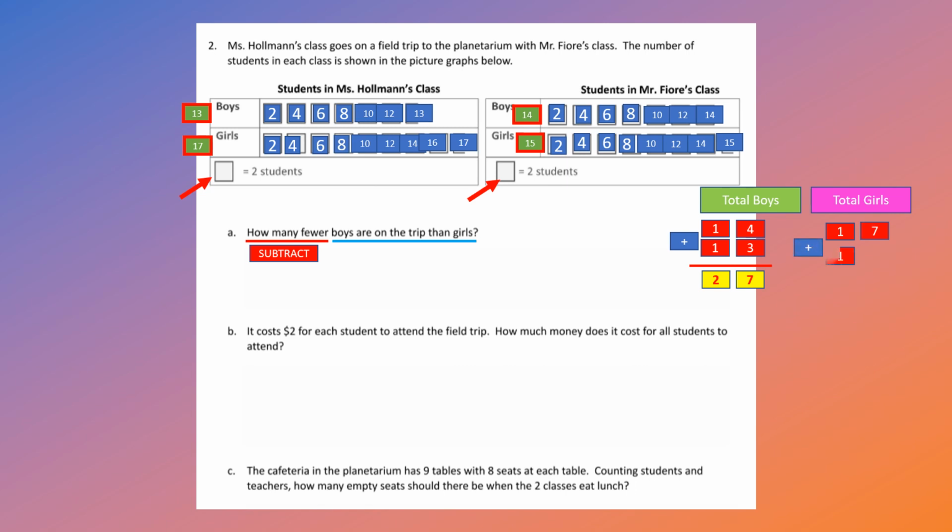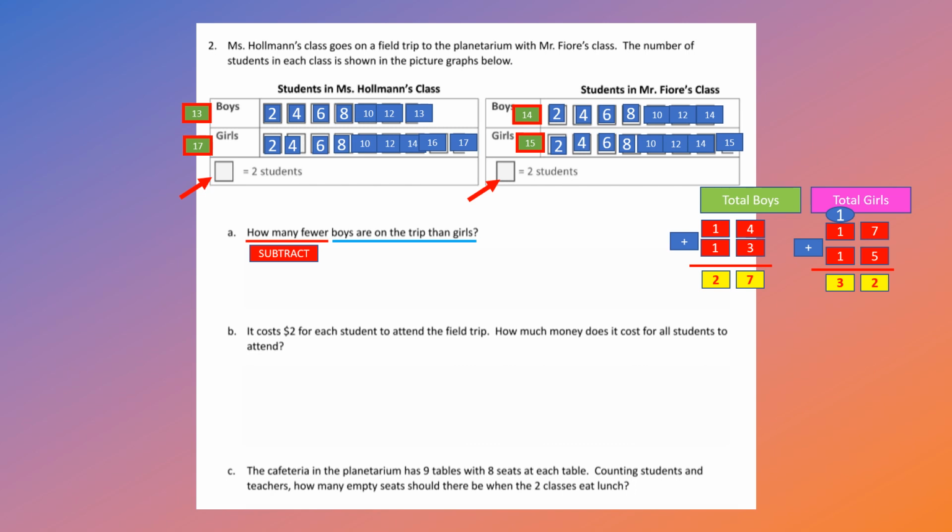And in Mr. Fiore's class, there were 15 girls. And when I do anything, I start with ones place. So what's 7 plus 5? That's right, it's 12. So I put my 2 in my ones place, carry my 1 over to my tens place, and 1 plus 1 is 3. That's right, 32. Perfect.